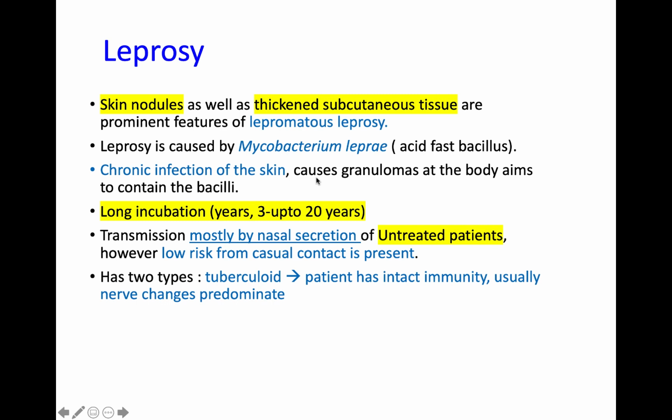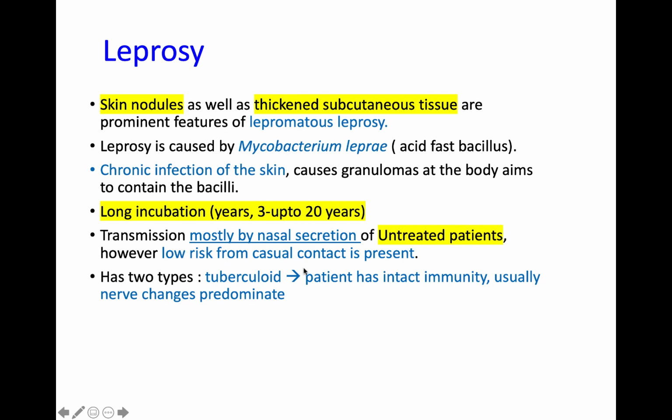Chronic infection of the skin causes granulomas, which aim to contain the bacilli, like the granulomas in the lung in TB, because you want to control the bacilli. Transmission is mostly by nasal secretions of untreated patients. However, there is low risk from casual contact. More intimate, prolonged contact will carry a higher risk of transmission.